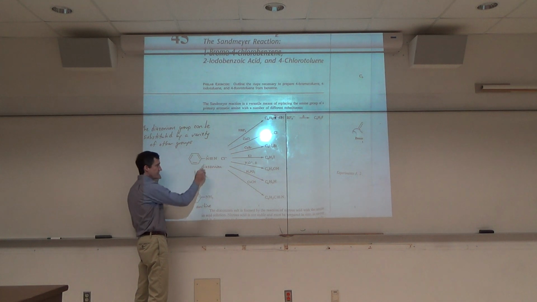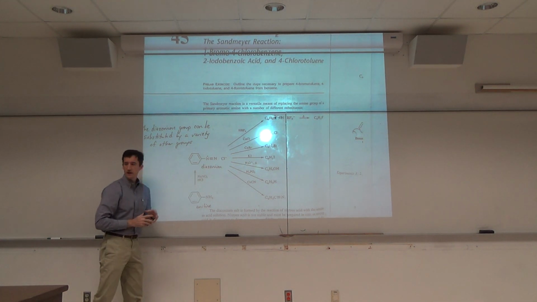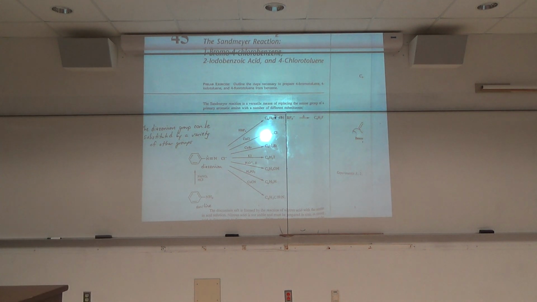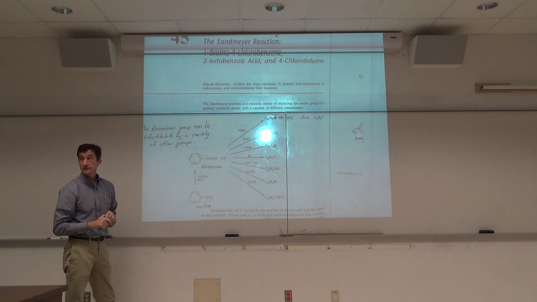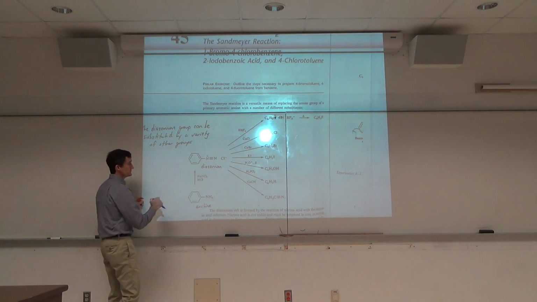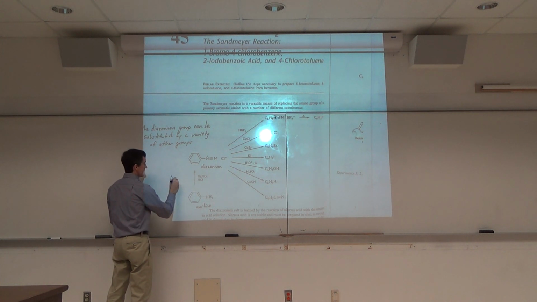We can make the diazonium by reaction with nitrite and a proton source. That might be potassium nitrite, sodium nitrite, etc. Sodium nitrite, not nitrate, nitrite, NO2 minus.